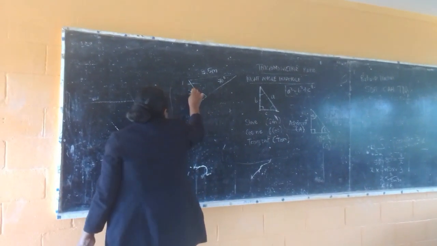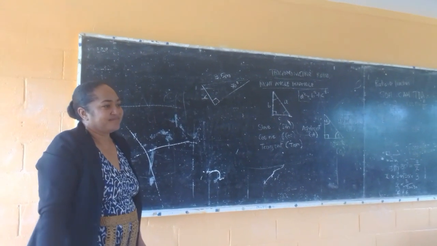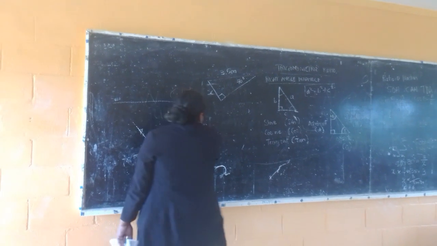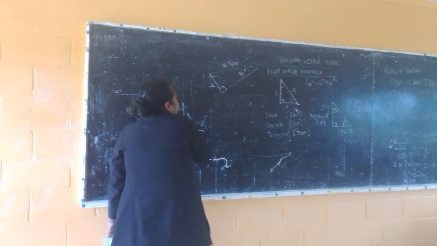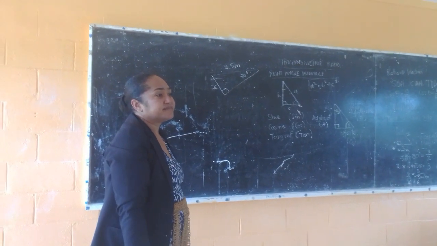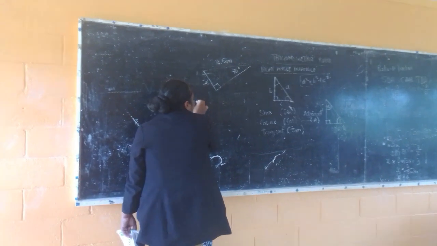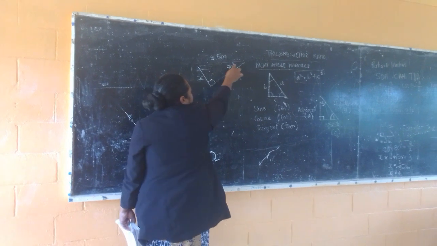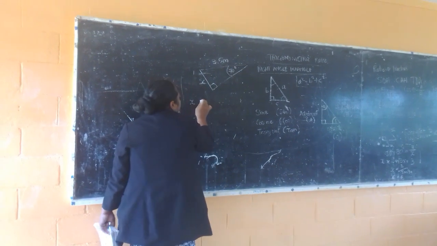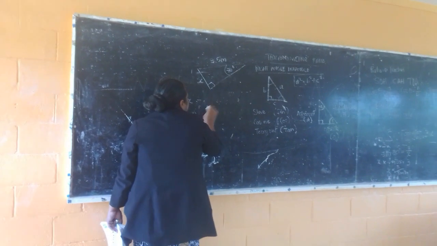Find x. Identify what ratio to use. This x is what? Opposite, because this is the angle. Very good.